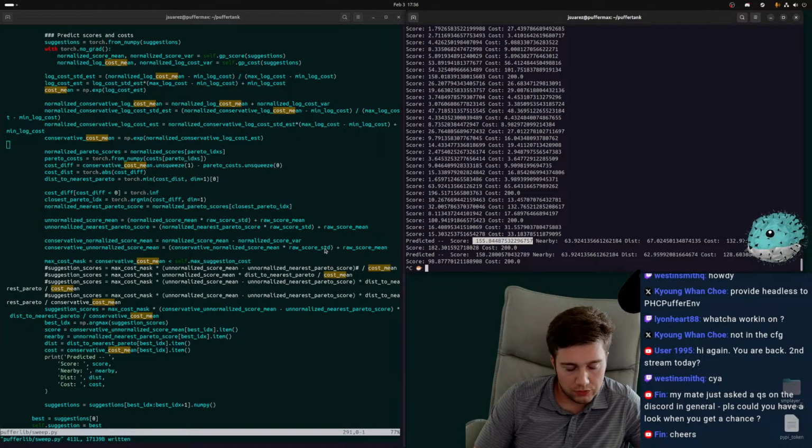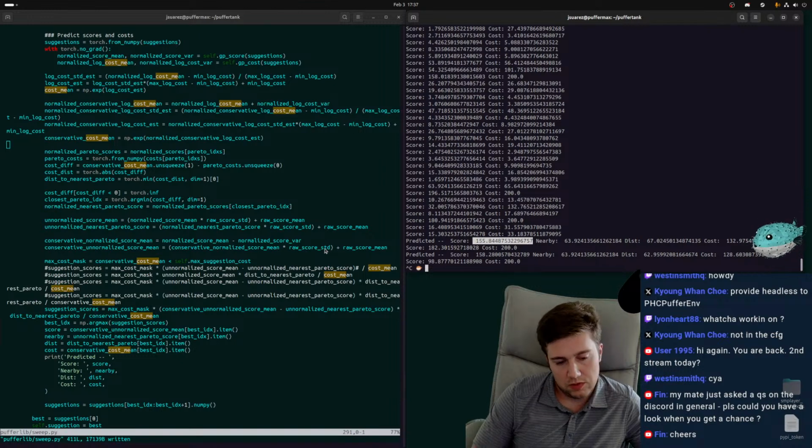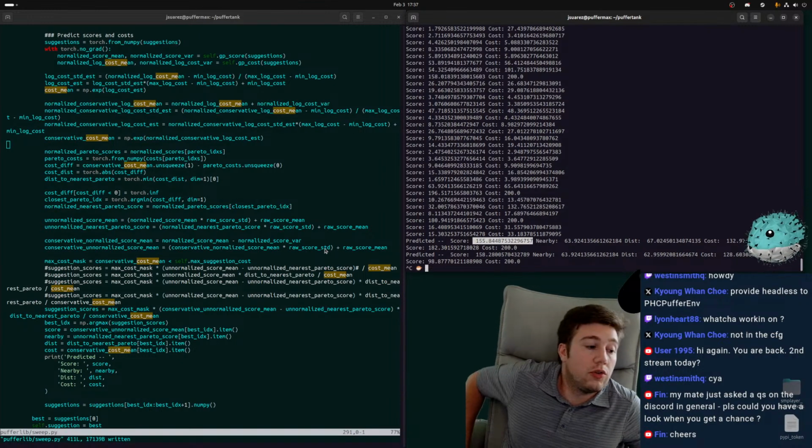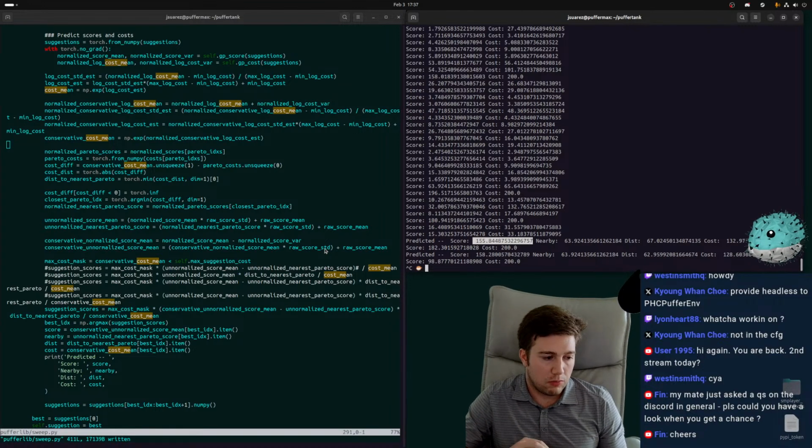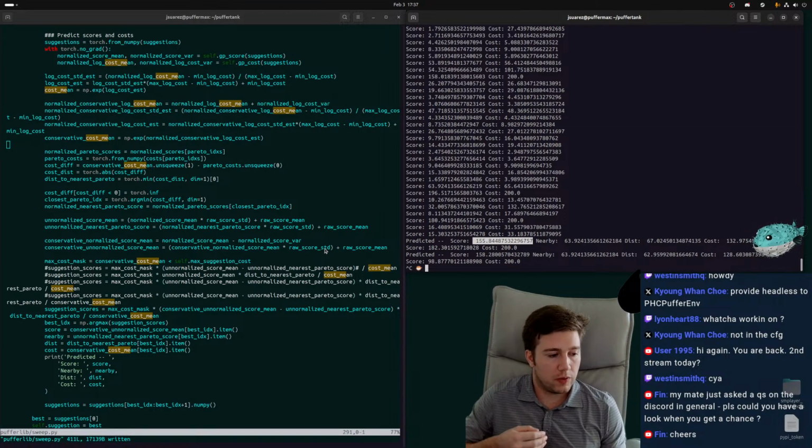You're rewarding samples outside of the support. There are two sources. Well, let me think. Are there multiple sources of error here? No, the model should just be good within its support.